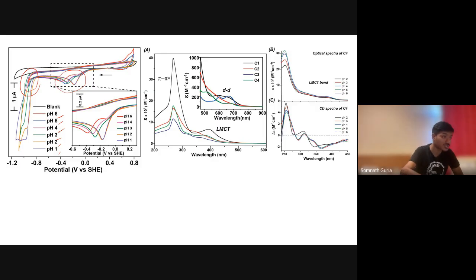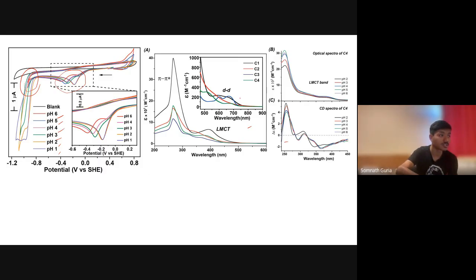But the question is, till pH 4 there is no catalytic activity. Why is it so? To check that, they used different spectroscopic techniques: one is UV spectroscopy, another is CD spectra. In the UV spectra, you can check.